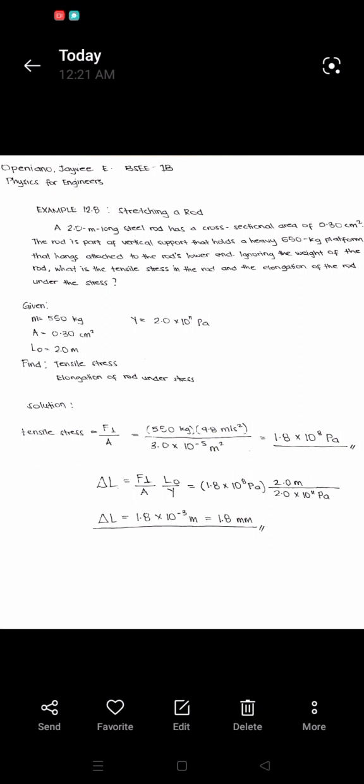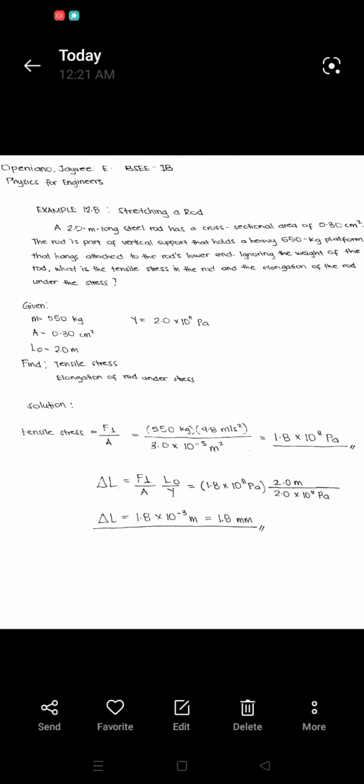So now let's solve for the elongation of the rod under stress. So we're going to find the rod's elongation using the original length is equals to 2.0 meter. Now change of length is equals to the force over area times original length over Young modulus of steel.